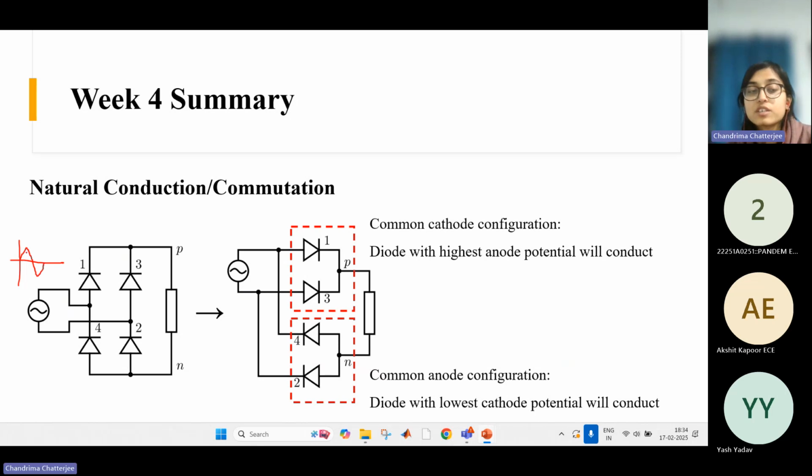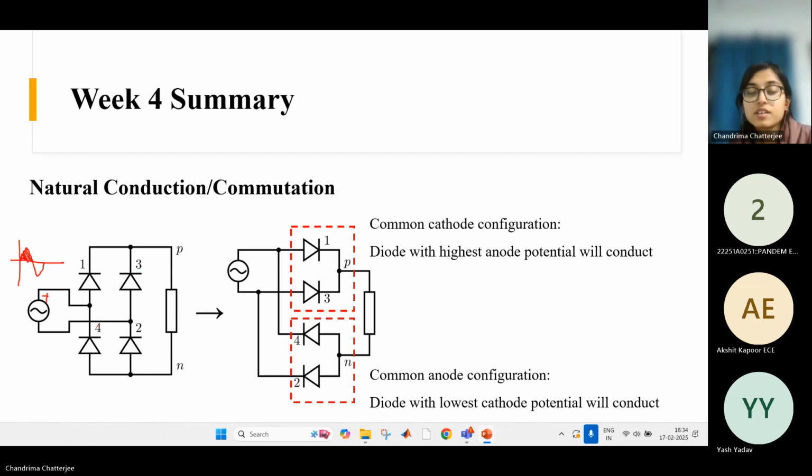During this positive half cycle, when the sine wave is greater than 0, the potential at the anode of this diode is always greater than the other one, because the positive point is directly connected to the anode of this diode. So this diode will be forward biased, but this diode will not be forward biased.